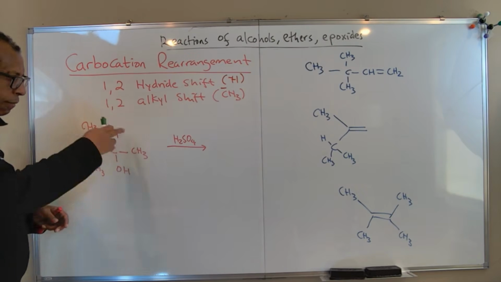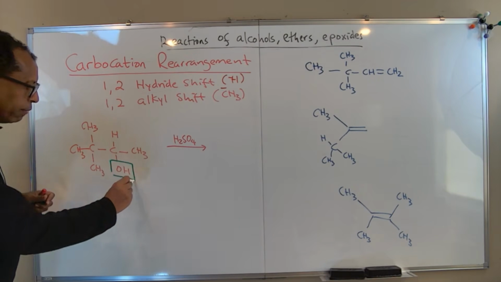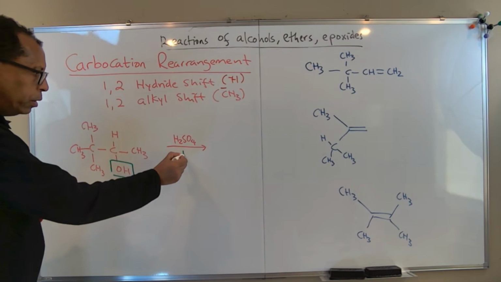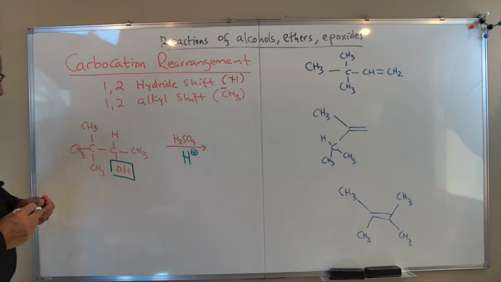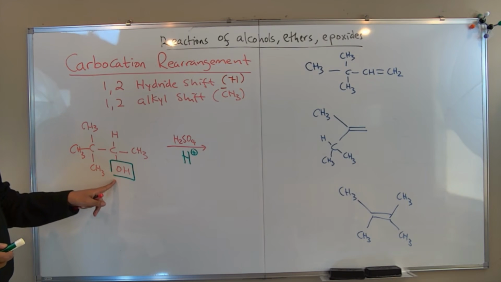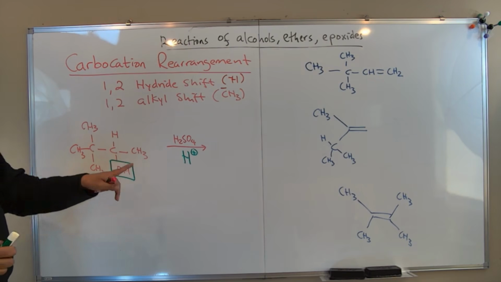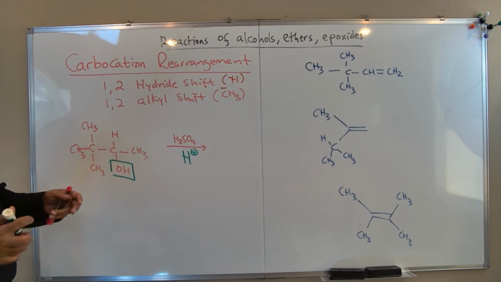For example, if you have this alcohol, of course you have this functional group, and you are treating it with H+, strong acid. What you're going to do would be the protonation of this OH, and that creates a water molecule that would leave easily.